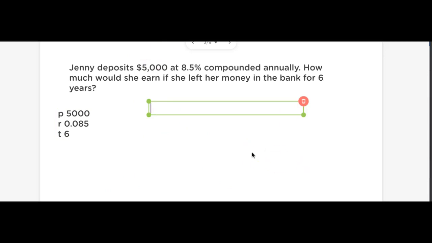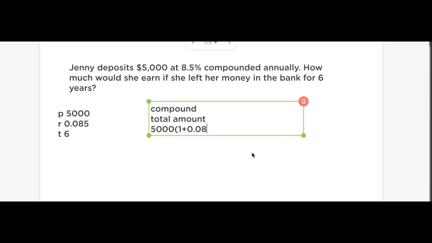So this is compound. We're looking for the total amount. I'm not going to put the formula up there because I'm really trying to save time. That's going to be 5,000. This is what it'll look like. (1 plus 0.085) raised to the 6th power.